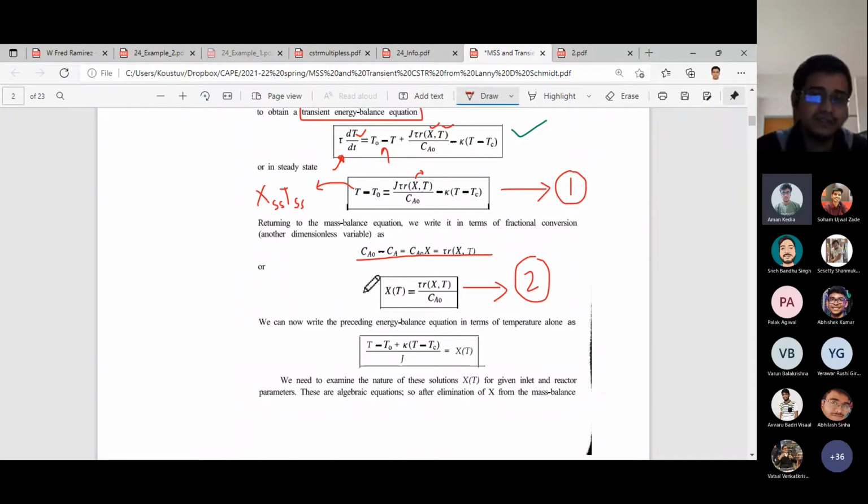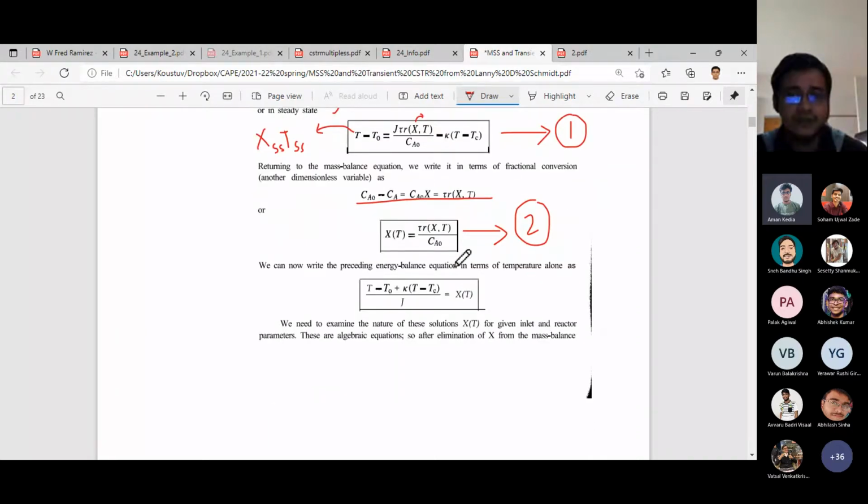Where do they originate? One thing we are now clear about is that we have developed the equations, and we know we have to find the steady state temperature and conversion, but whether they are single valued or have multiple values, that is the question.